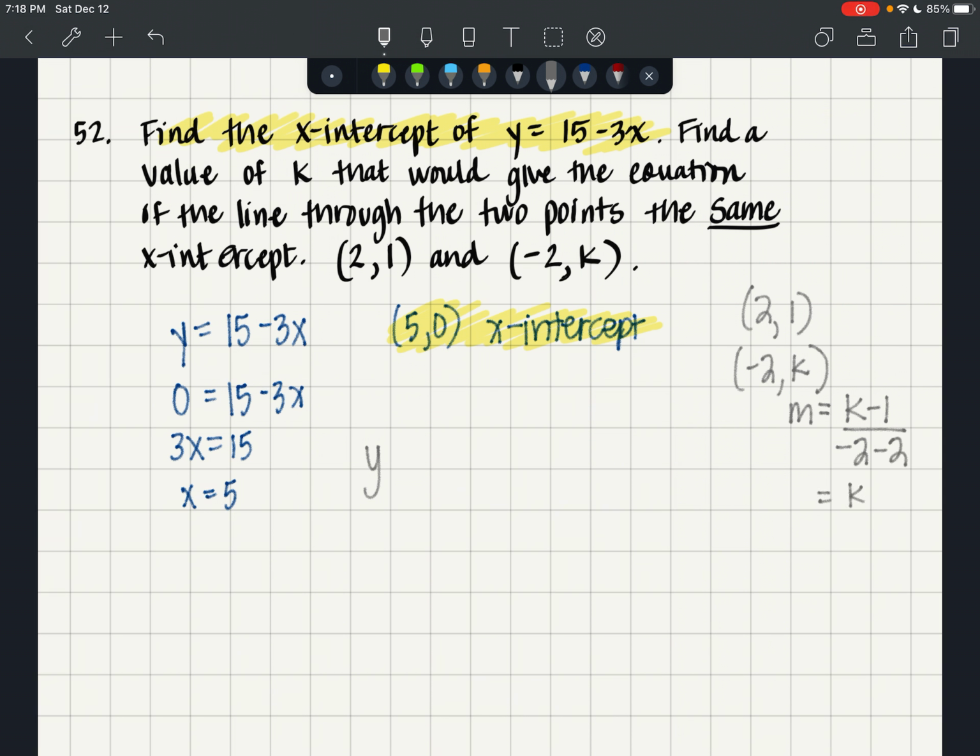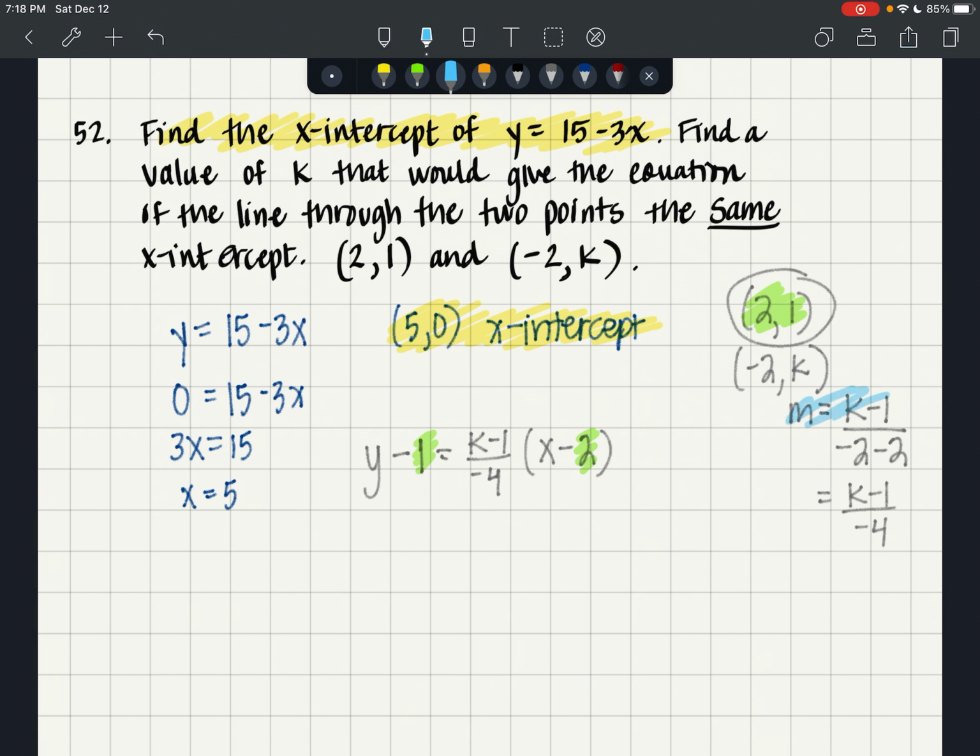So that's going to be k minus 1 over negative 4. So I'm going to have y minus, let's use this point right here, y minus 1 equals k minus 1 over negative 4 times x minus 2. So this 1 and this 2 came from this point right here.